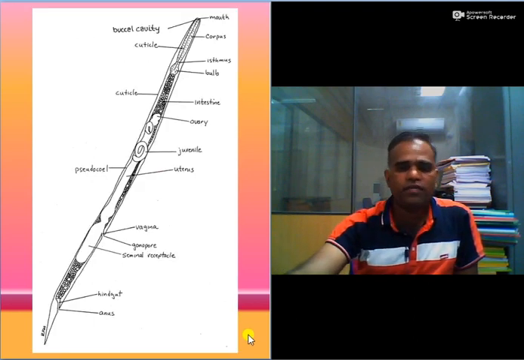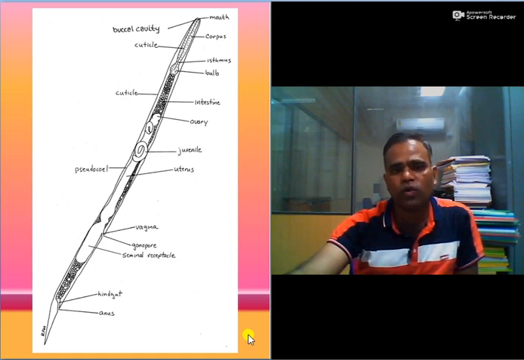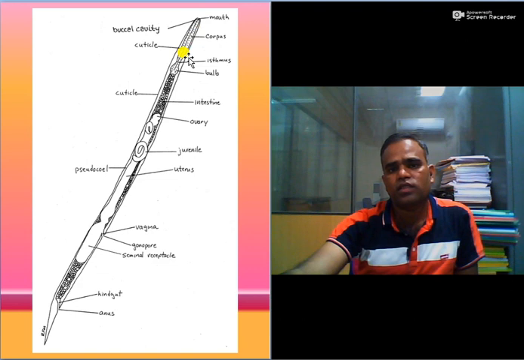Then there is a second figure. It is also a very simple figure of female nematode, which contains mouth, buccal cavity, corpus, cuticle, isthmus, basal bulb, cardia, intestine, ovary.